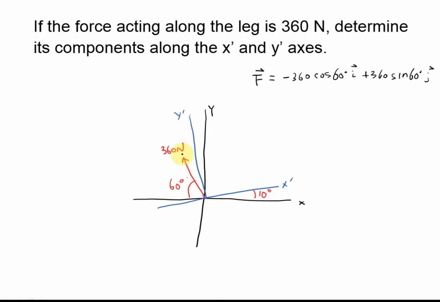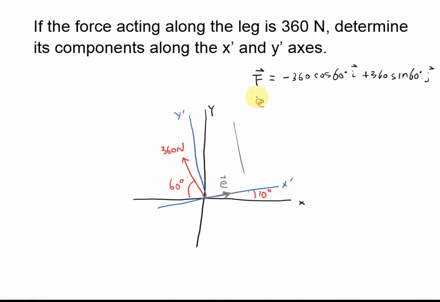And then I want to resolve my force vector into this x prime y prime. So x prime is kind of the given line, and I want to get the unit vector of my given line. How do you get the unit vector? My unit vector is the unit vector of x prime.